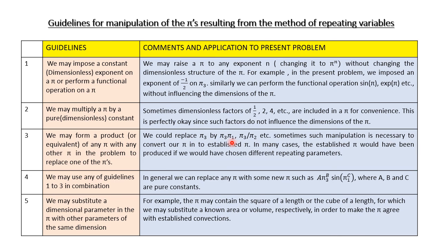Next, we may use any combination of guidelines 1, 2, and 3. And the last one is that we may substitute a dimensional parameter in pi with other parameters of the same dimension. If there is any parameter of the same dimension, you can substitute it in the pi term also. So this is the theory part. Next we'll see a few examples wherein you will understand it in a better way.